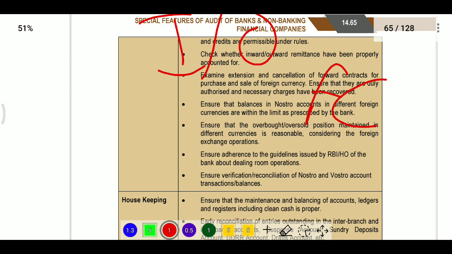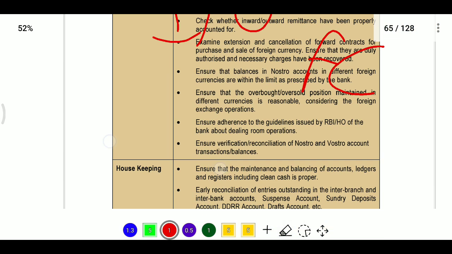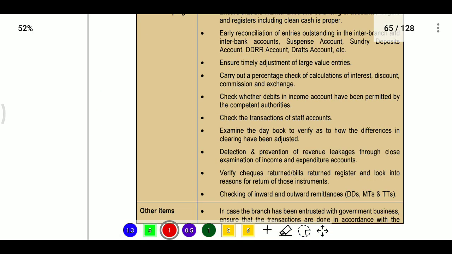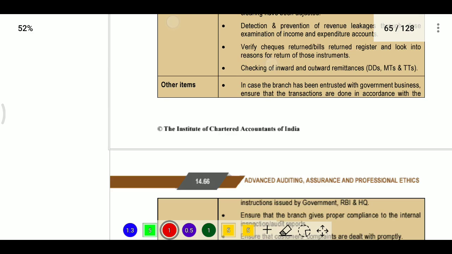After that, ensure that the balance in the nostro account in foreign currency is within the limits. Ensure adherence to guidelines issued by RBI about dealing room operations. After that, ensure the reconciliation of nostro and vostro account balances. This is the main area. Now we have talked about the concurrent audit.